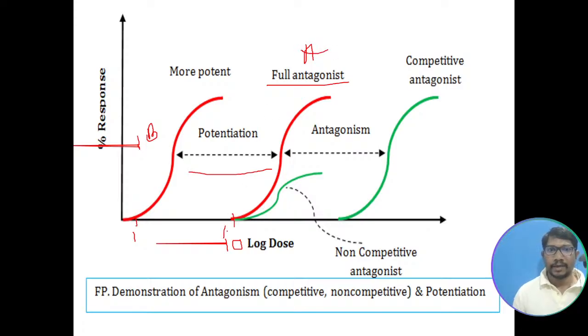Dose of A is 10 milligram to produce this effect, but dose of B is only 1 milligram to produce the same effect. So drug B is more potent than drug A.